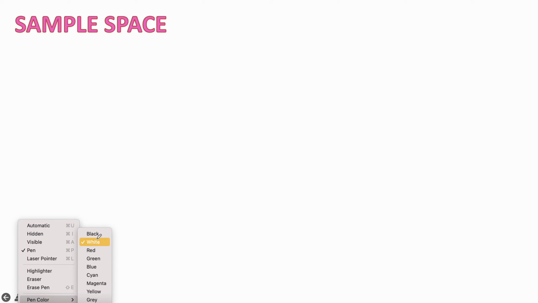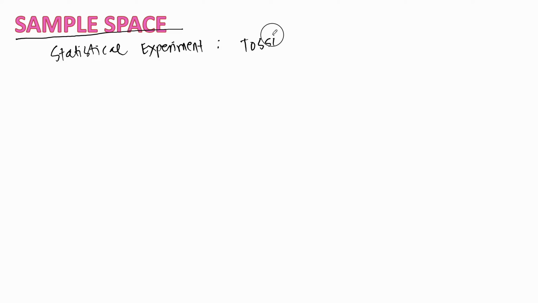So, we have your sample space. Paano ba natin na-identify ang sample space? Let's say, for example, meron tayong statistical experiment: tossing a coin once.